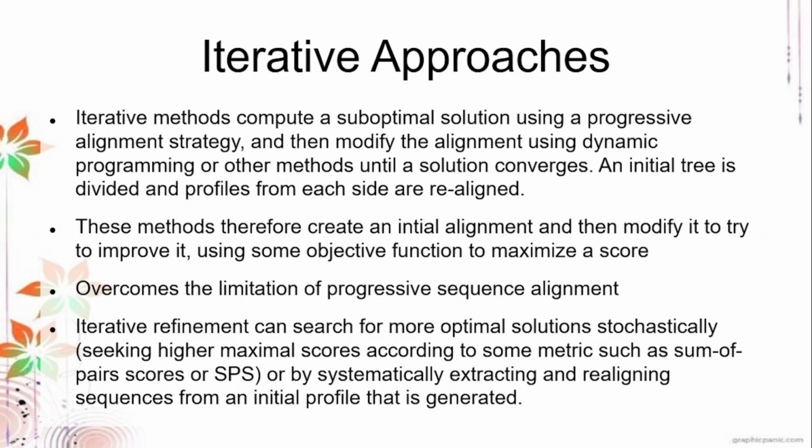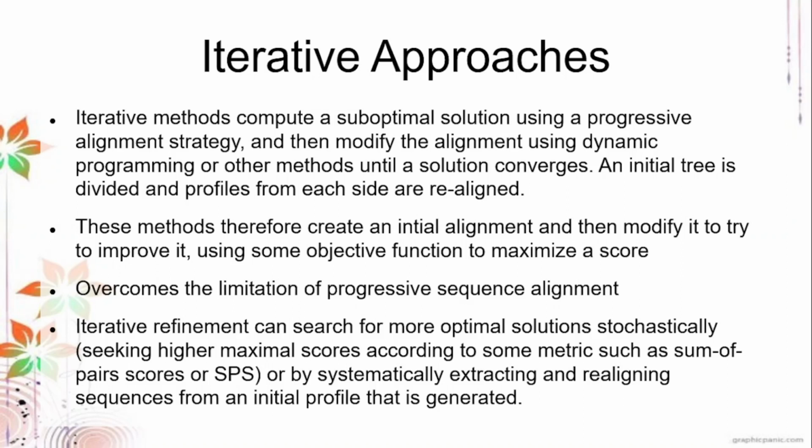These methods create an initial alignment and then you modify this alignment to try to improve it and then compare the scores. In such a way, you overcome the limitation whereas the alignment can be suboptimal because the order is wrong. So you iteratively do progressive alignments until you refine the final optimum alignment.